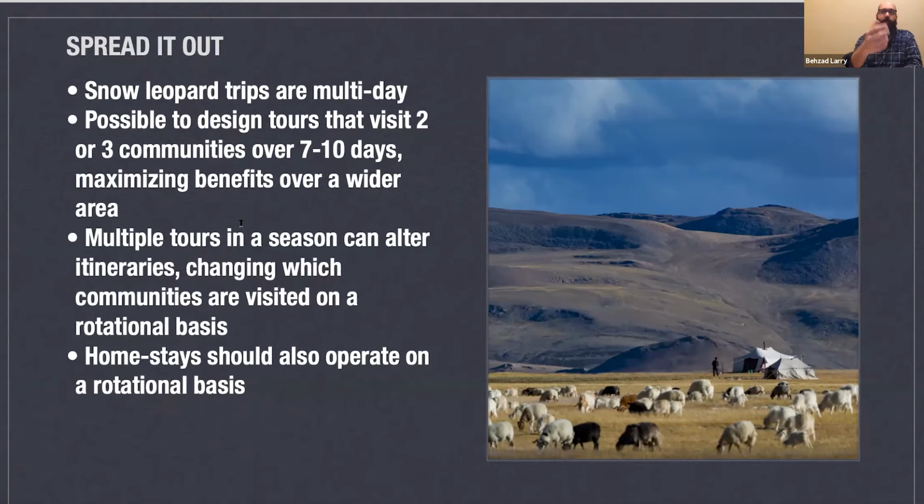So as soon as we have someone arrive in, say, Leh, one of the first things I do is have this conversation with them about where they are, how it's connected to the Silk Road, where they are in terms of human history, and bring it all together with a deep connection to the community they're visiting, how their dollars are positively impacting snow leopard conservation, how they're impacting livelihoods, how these predators are perceived, and how they're impacting human wildlife conflict. And simply by being there, they are making a difference.